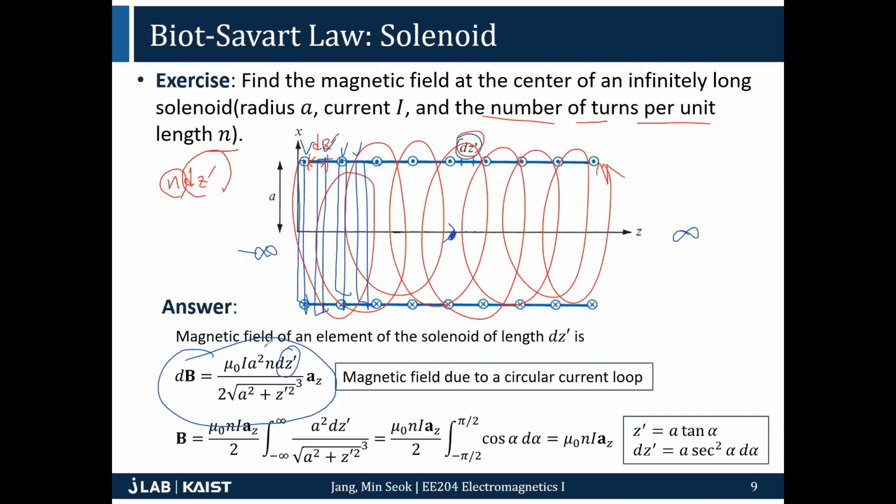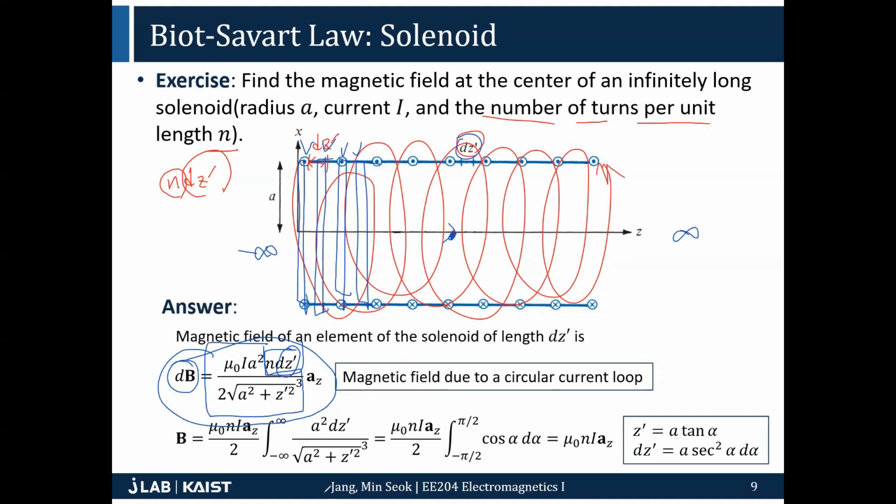Look at this part. This part is exactly from the previous solution. And then what we are doing is we multiply by n dz prime, the number of turns, how many loops you have within that dz. So you get the amount of B field associated with that line segment. And then what you need to do is integrate over z prime from minus infinity to infinity, to take into account everything.